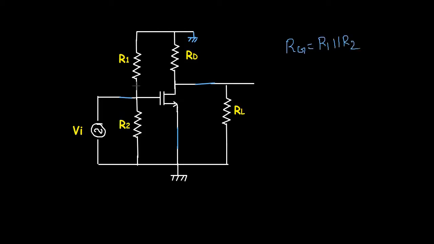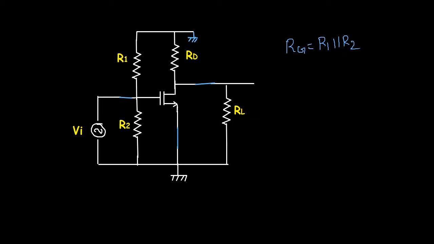We can find the effective resistance of R1 and R2, say it is Rg.